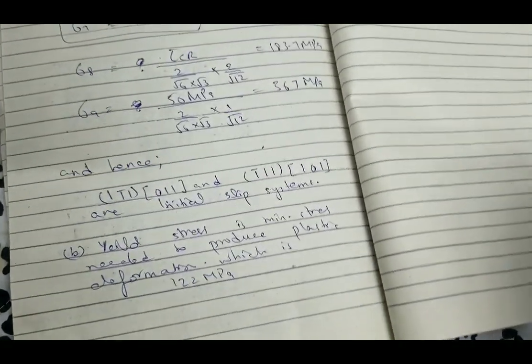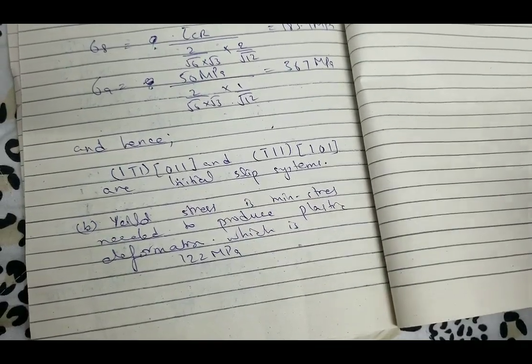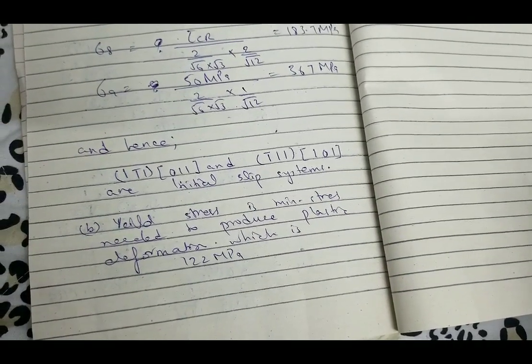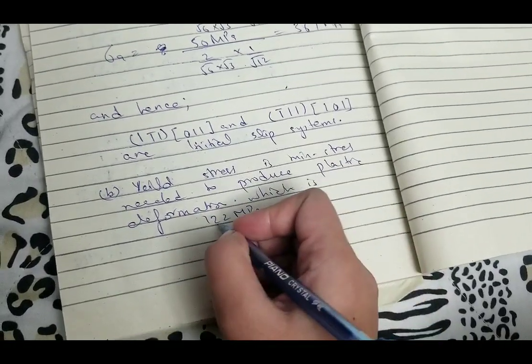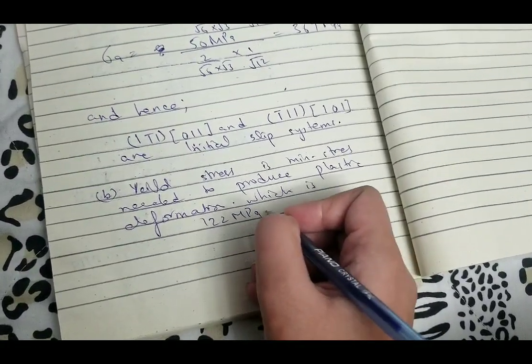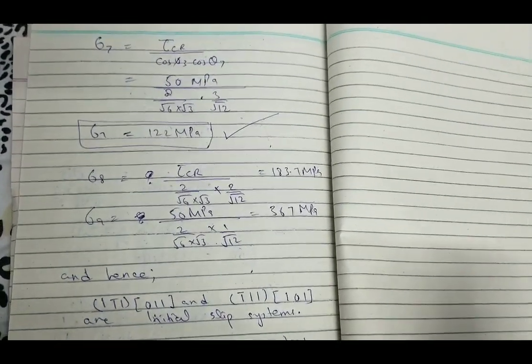We have seen that 122 megapascal is the least critical normal stress needed to produce plastic deformation, and hence the yield stress of aluminium will be 122 megapascal. That is the answer to this part of the question. I hope you got it.